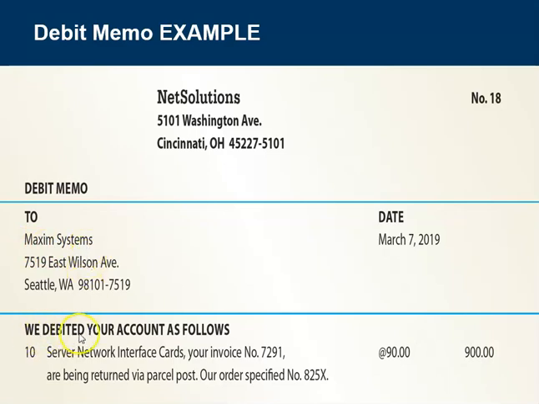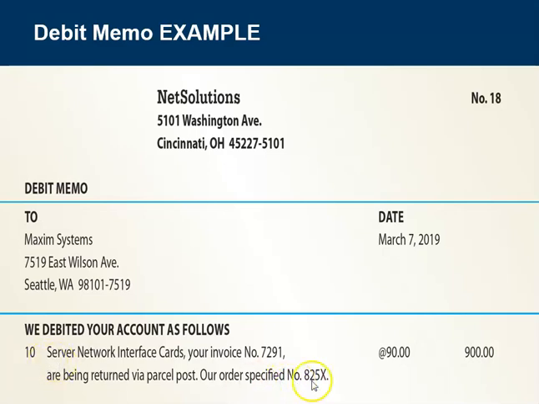And it says, we debited your account as follows, all right? A quantity of 10 server network interface cards from the invoice 7291 are being returned. And that's because you sent us the wrong thing, okay? We don't know what they received, but this is what they ordered, and evidently that's not what they got.